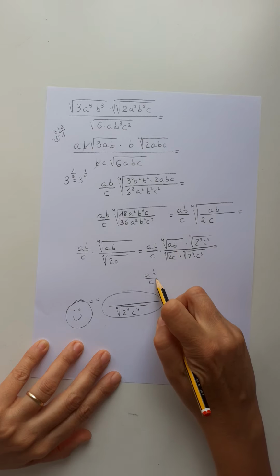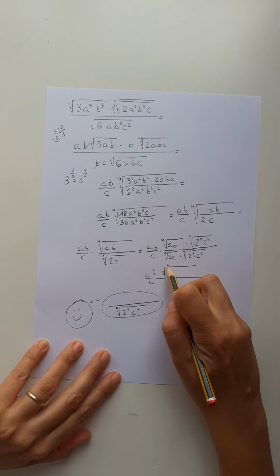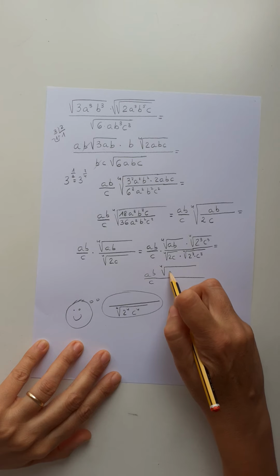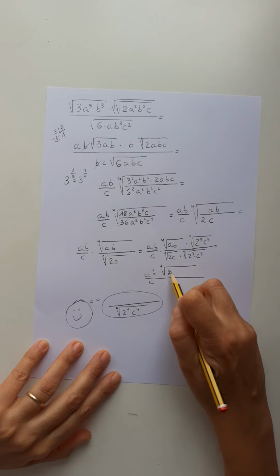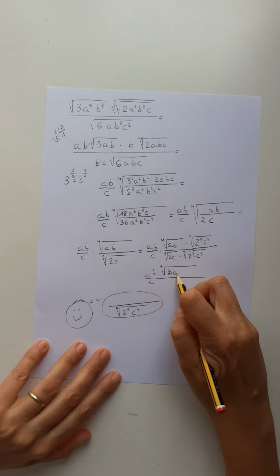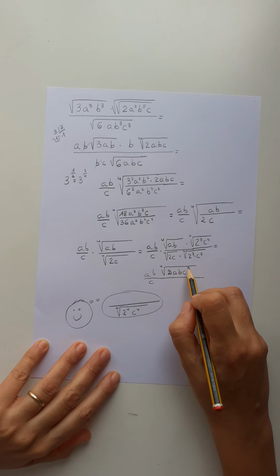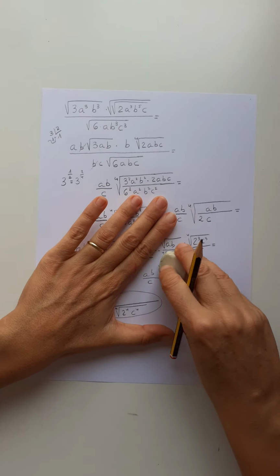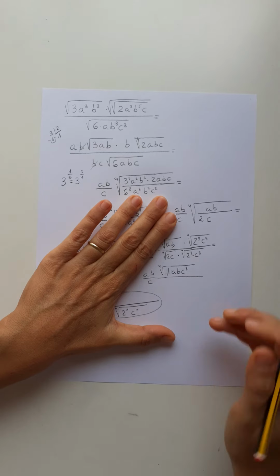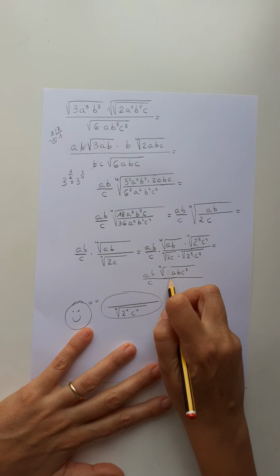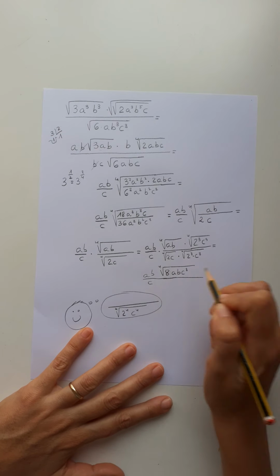Now we can put everything together. Here, the 4th root of 2 cubed, that is a, b, and c cubed. And here, this doesn't look like an 8. Let's make it look like an 8. Okay.